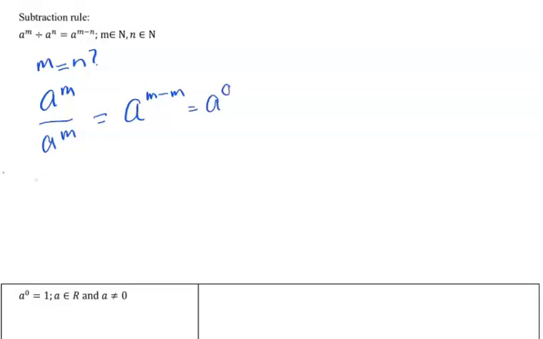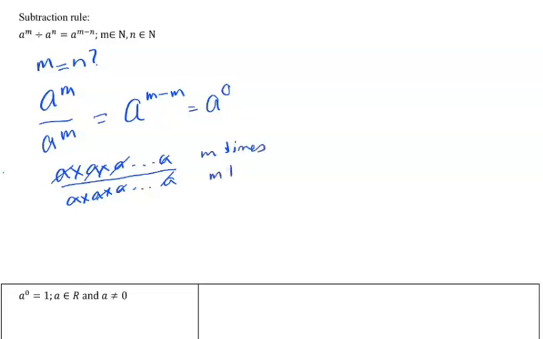But with regular math, we know that we can divide that, and because we have exactly the same number of a's, top and bottom, all of it will cancel, because at the top we have m times, at the bottom we have m times the a's.